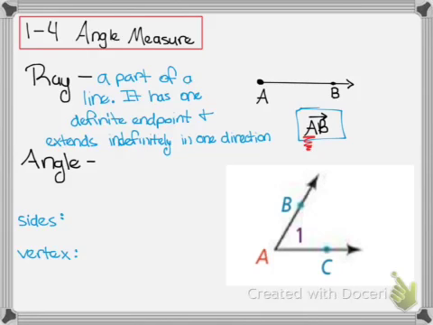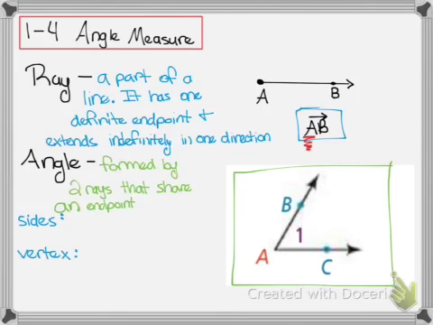Alright, the next thing we're going to look at is an angle. An angle is just formed by two rays that share an endpoint. So for instance, this is an angle, okay?